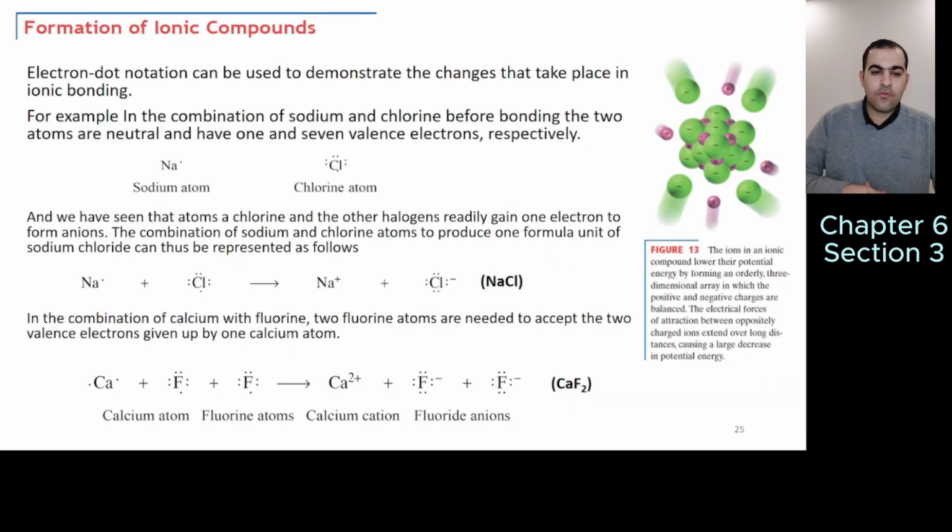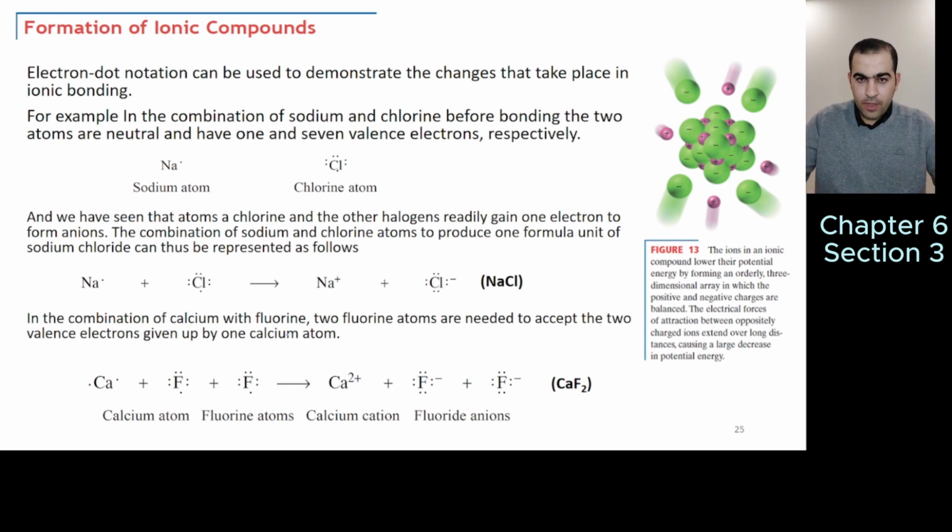Okay, formation of ionic compounds, guys. We know electron dot notation. Usually we use it for molecular compounds, using Lewis structures to explain the formation of covalent bonds between the atoms of molecules.